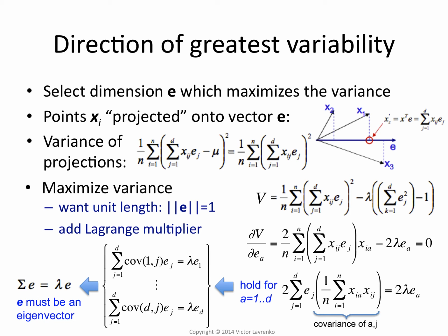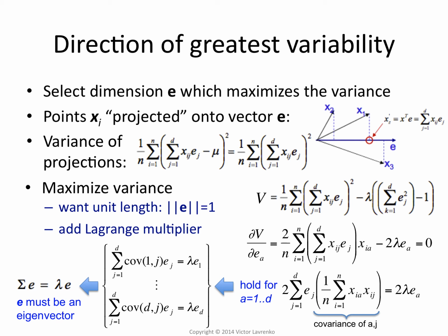And we did a derivative of the variance, and we found a vector, and it turns out that that vector has the property that when you multiply it by the covariance matrix, it gets longer or shorter, but doesn't change direction. So that vector E must be an eigenvector. So what we've just proved is that the eigenvector is a vector that maximizes the variance in the data.